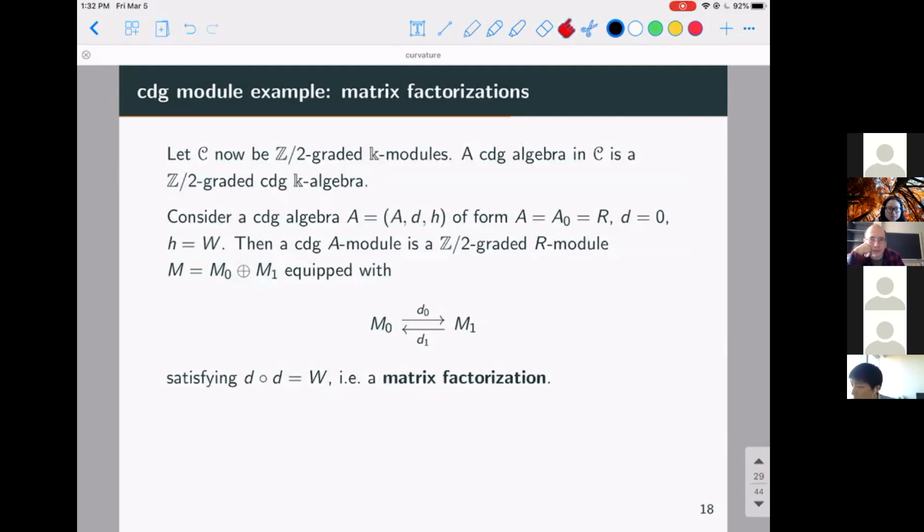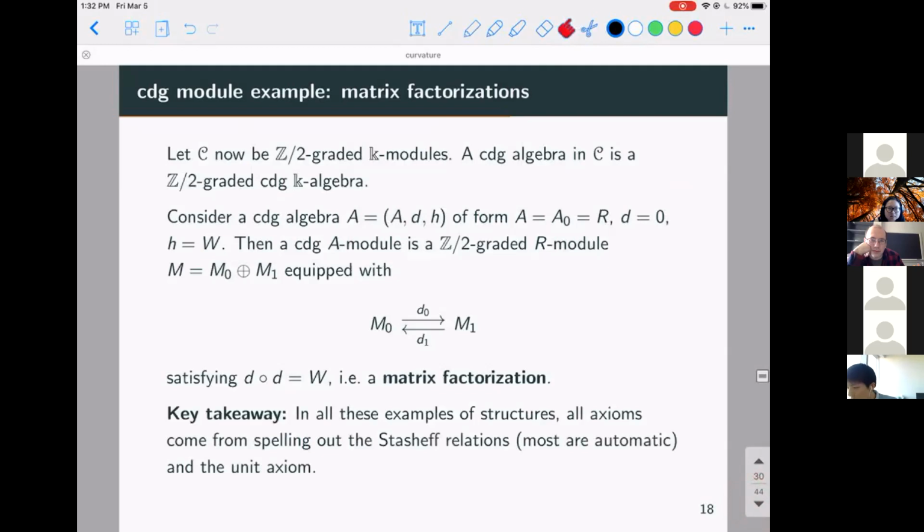So you might not think of this as being in the same family just because this differential is 0, but really the key takeaway is that in all these different examples of structures that you can produce, you might have a little bit hard time actually pinning down the axioms. You might be missing some condition like the curvature has to be closed or these somewhat subtle things maybe.